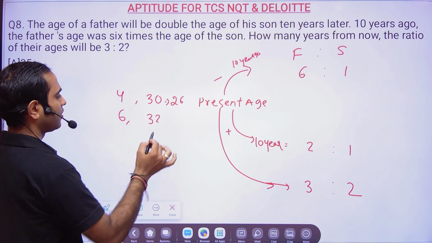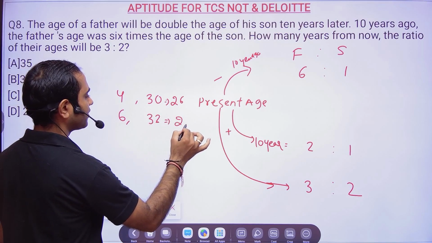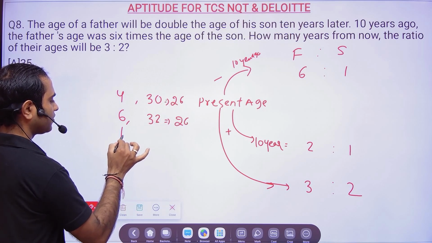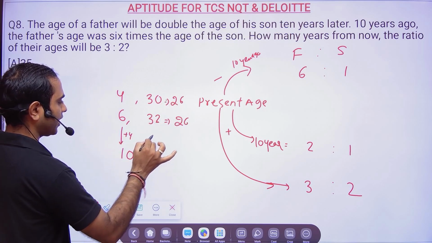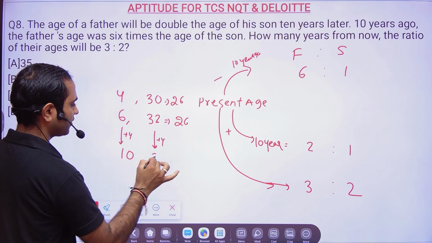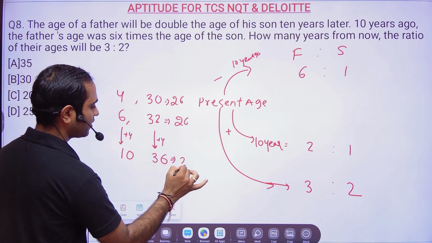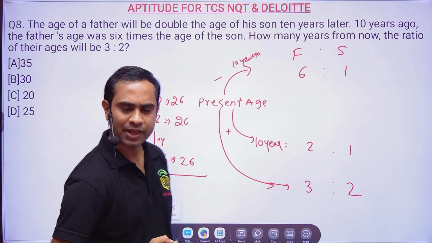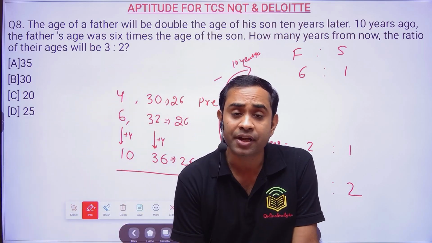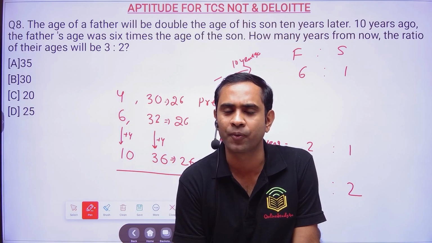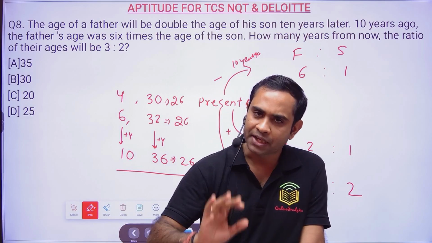After 2 years, what is the difference? 26. After 4 years, 6 plus 4, 10, and 32 plus 4, 36. What will be the difference? 26. So what I wanted to tell you, my dear friends, the age gap will never change. It will always be the same.